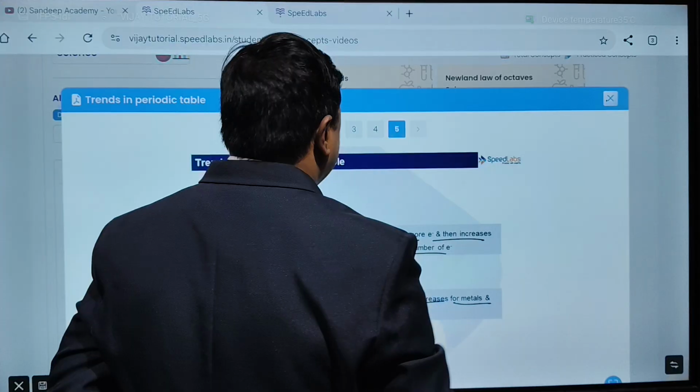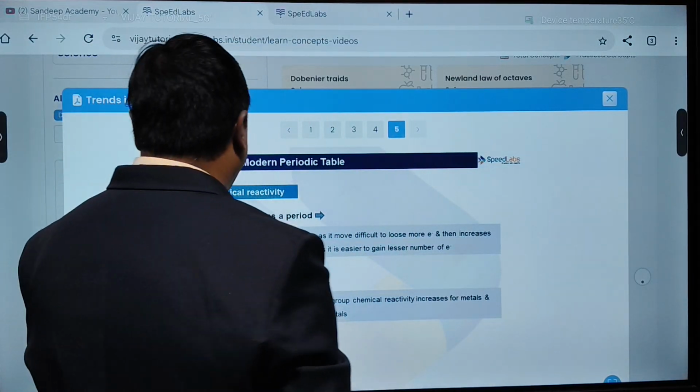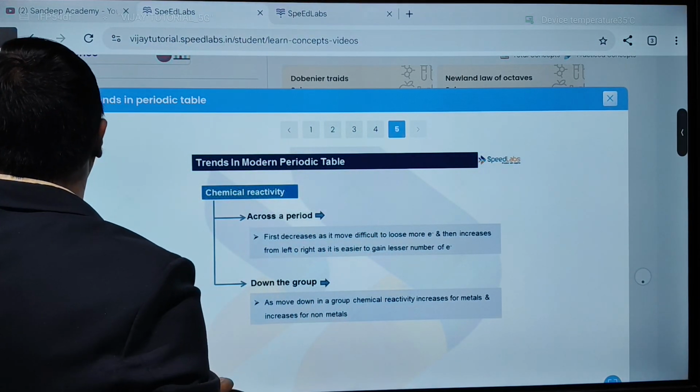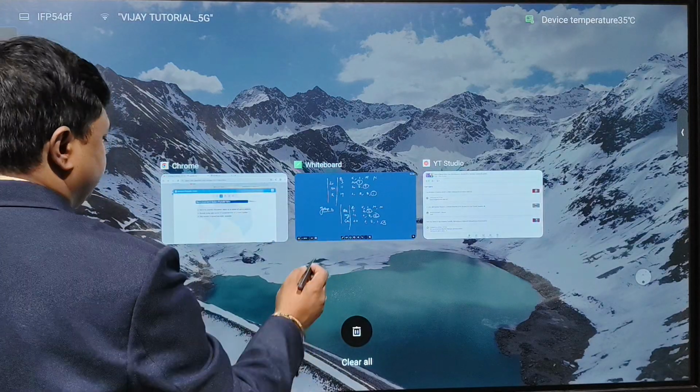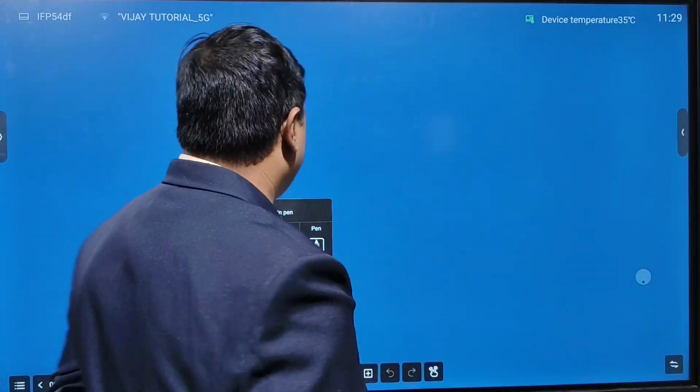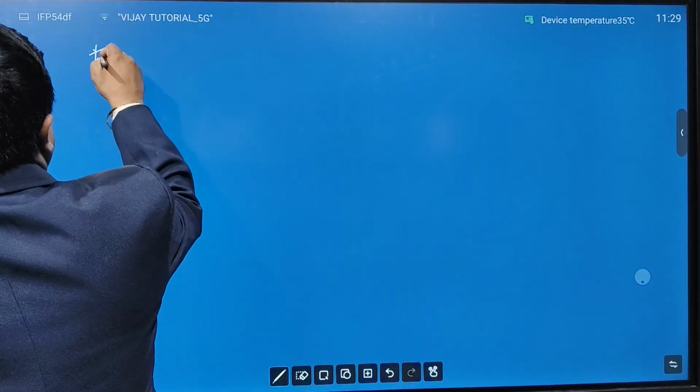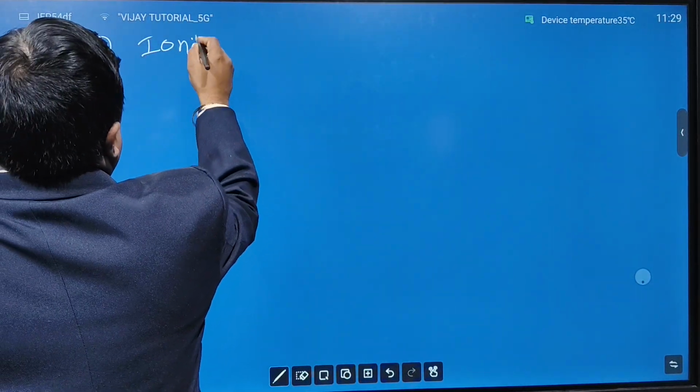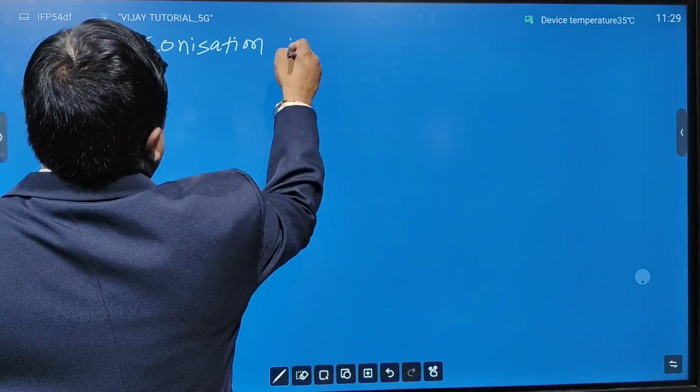We have one more concept called ionization potential. What is ionization potential? It is defined as the amount of energy required to remove the valence shell electron. Remember this: ionization potential or energy.